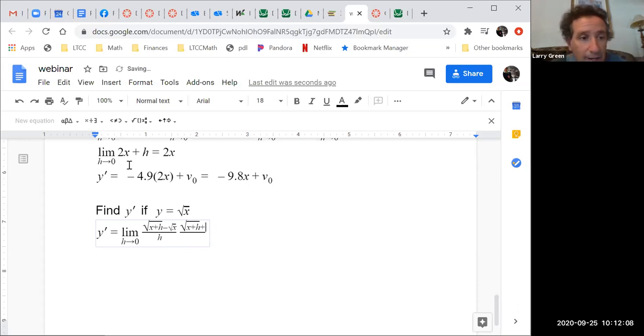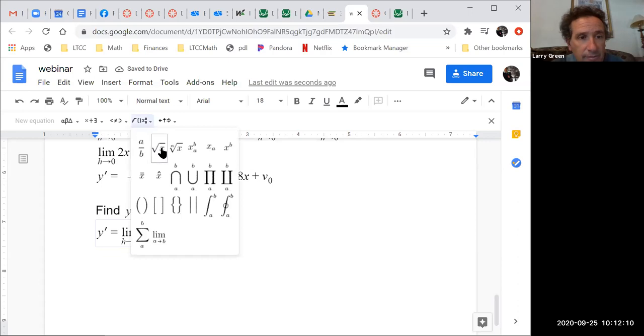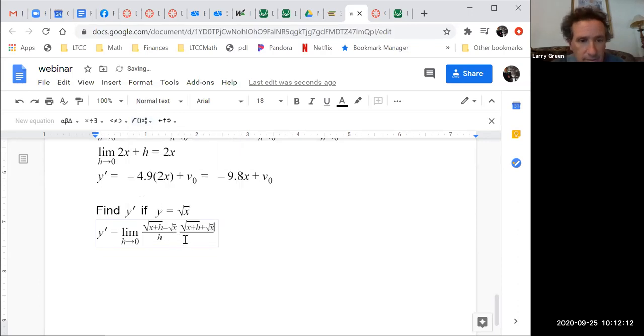Plus the square root of x. And then we got to divide by the same thing. Plus the square root of x. Okay, so let's work this out.